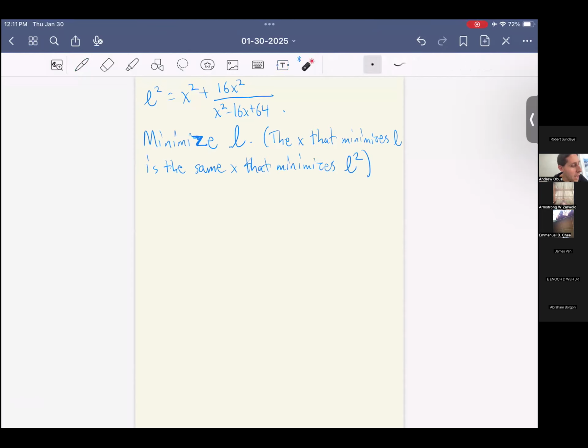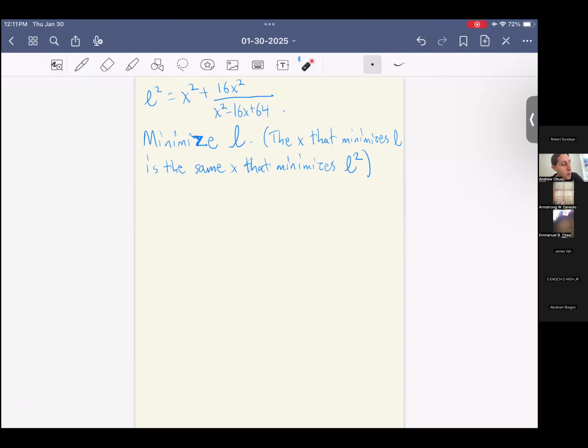Because if you can make L squared as small as possible, you're also making L as small as possible. The smallest value for the square is the same as the smallest value for the number. The values might not be the same, but the x that makes this as small as possible is the same x that's going to make its square root as small as possible.